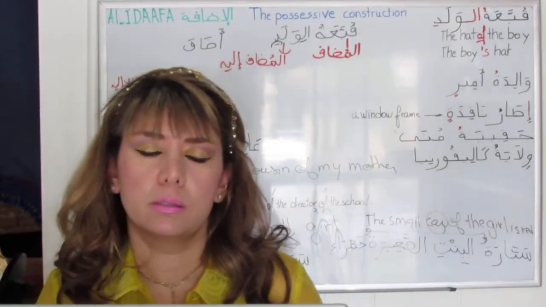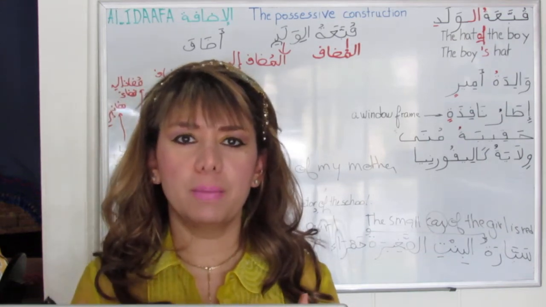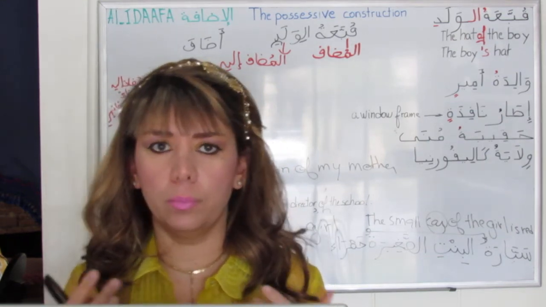So let's summarize. So we have two types of إضافة, simple and complex.